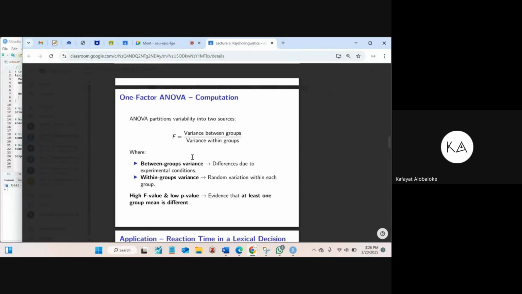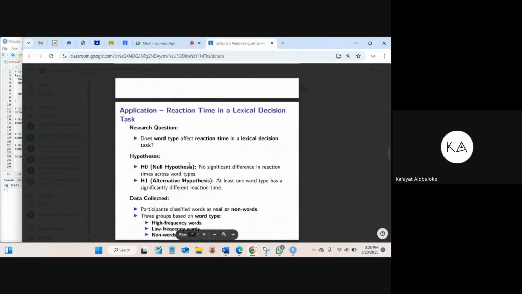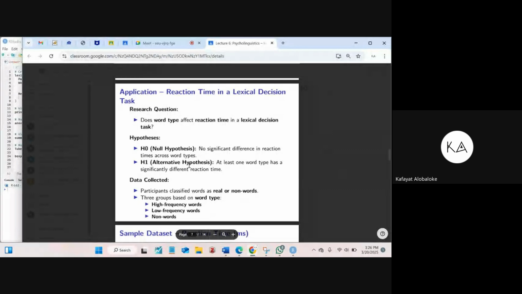The between-group variance shows differences due to the experimental conditions, while the within-group variance, also known as the errors, is the random variation within each group. Now, a higher F value or a low p value tells us whether at least one group mean is different or not. Now let's try to apply this to a real life situation.